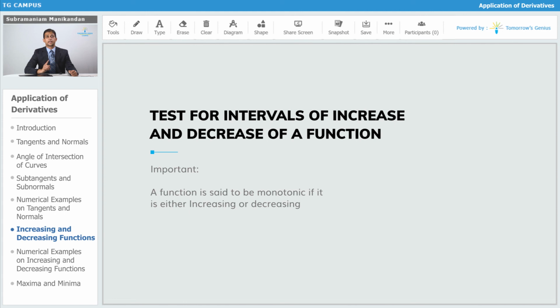If it is monotonic increasing, then they call it so. Monotonic increasing, monotonic decreasing. And in general, it is said to be monotonic if it is only increasing or decreasing.